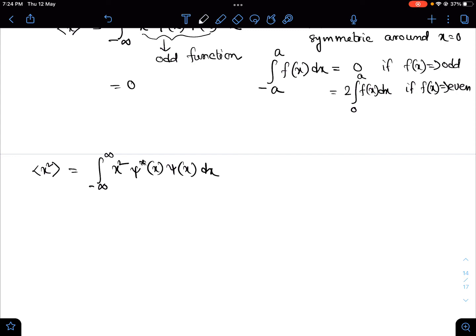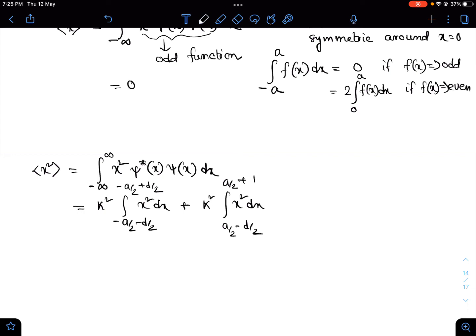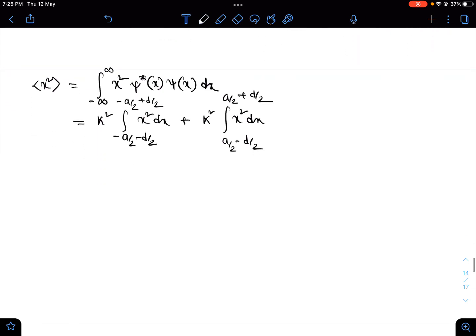We have k squared times the integral of x squared dx from minus a/2 minus d/2 to minus a/2 plus d/2, and another term k squared times the integral of x squared dx from a/2 minus d/2 to a/2 plus d/2.